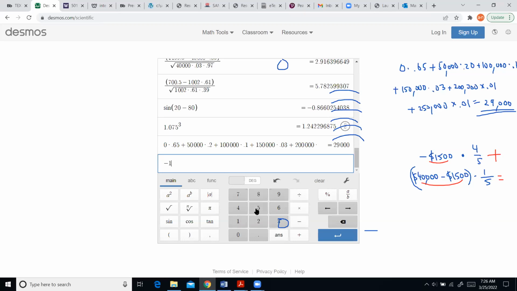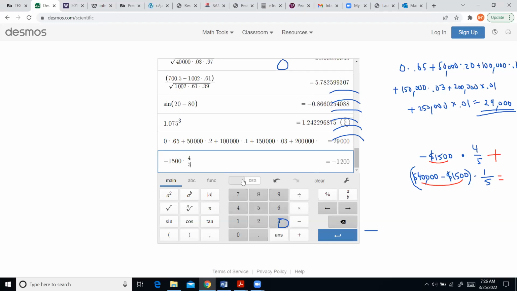Minus 1,500 times 4/5, 4 divided by 5. And then we add it with, I can put this in parentheses, I don't have to subtract. I know you probably already subtracted, but just to show you that the calculator can take care of it.